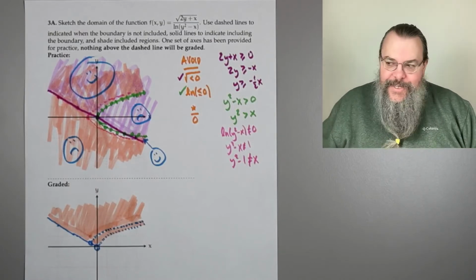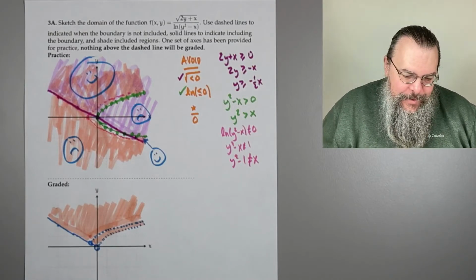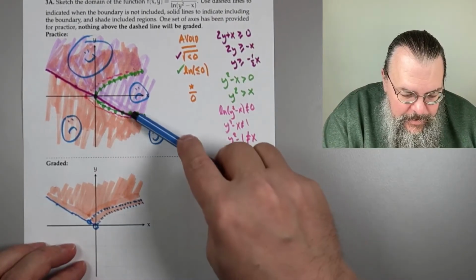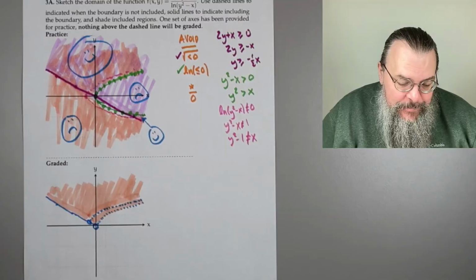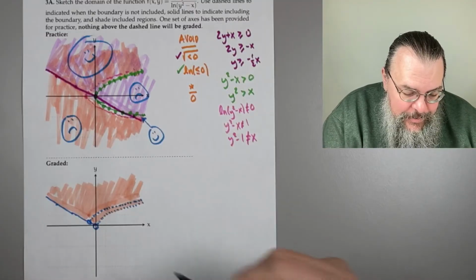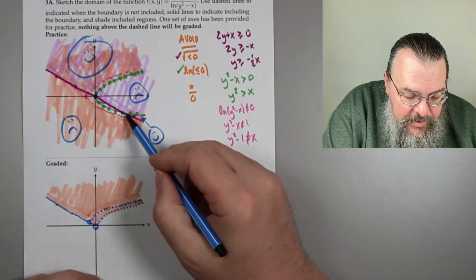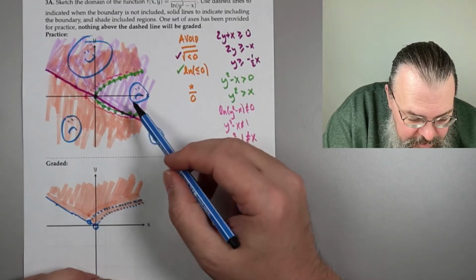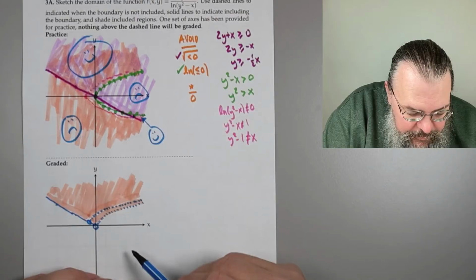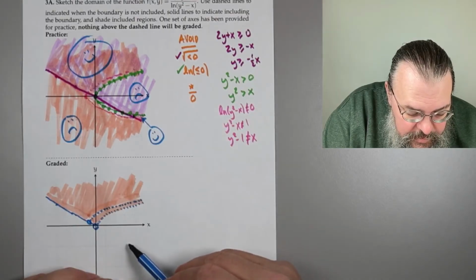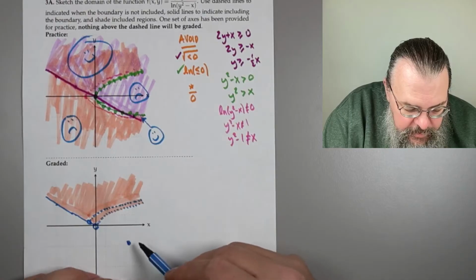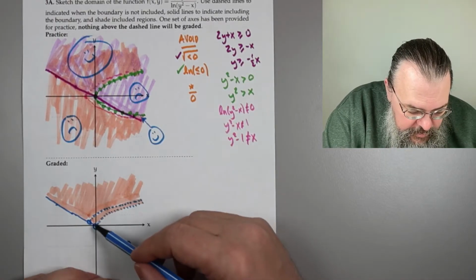And in addition, what else? Here, what's happening? We can eyeball this in. That's not the easiest thing to eyeball in, is it? Roughly right around there. And then we have a solid line.